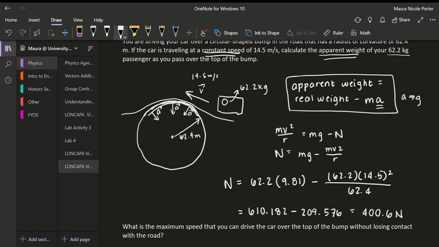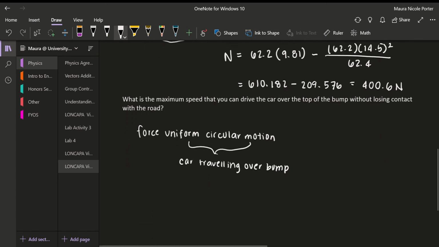So that's how we know it's uniform circular motion. So just the force of the car traveling over the bump cannot exceed the force of gravity.